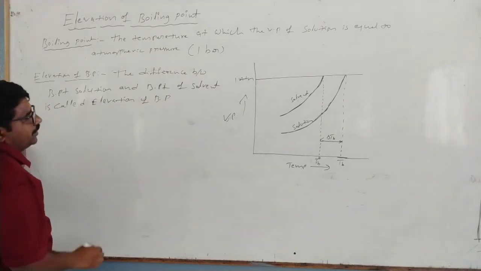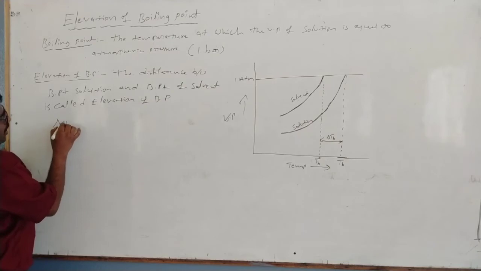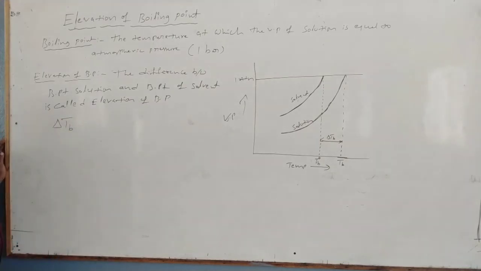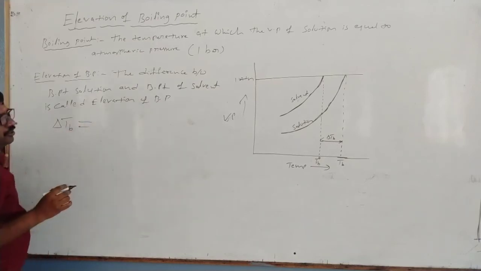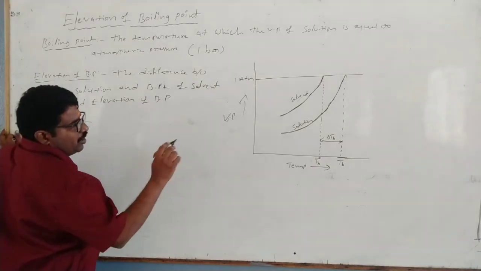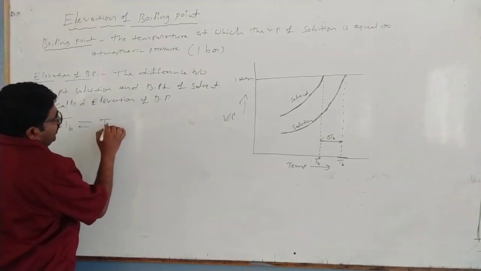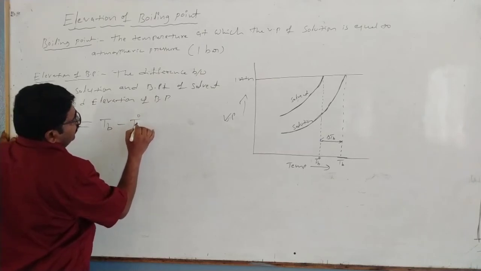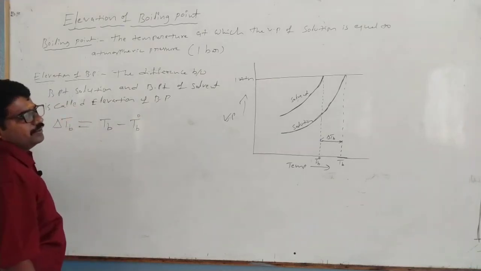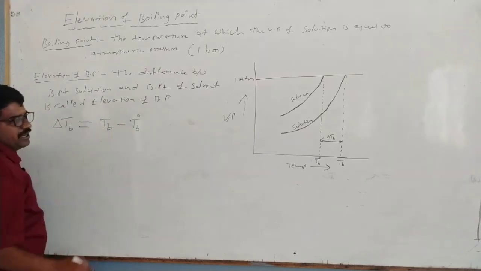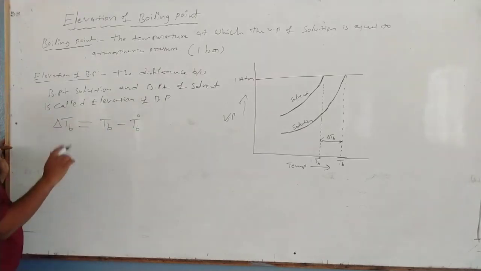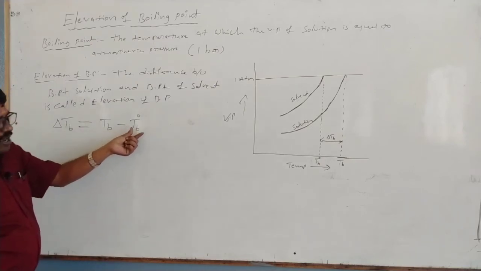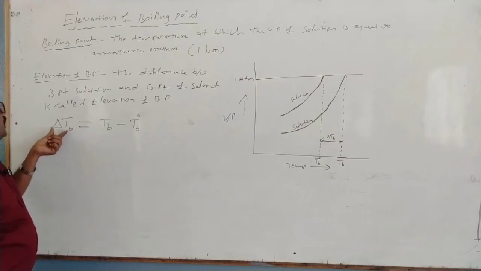Elevation of boiling point is denoted by delta TB. Which one has the higher boiling point? The boiling point of the solution is higher than that of the solvent, which is TB naught. So delta TB is equal to TB minus TB naught. This is the difference between the boiling point of the solution and the boiling point of the solvent, which is called elevation of boiling point.